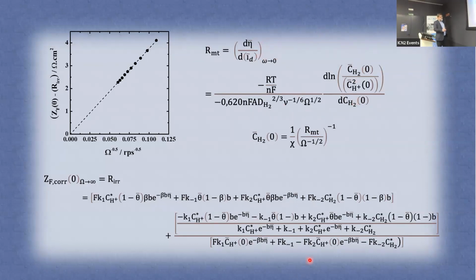Because of this, it is possible to determine the hydrogen concentration at the surface at steady state on the basis of the slope of this line. Okay, and in this case we haven't considered the impedance associated with the irreversibility of the charge transfer impedance.